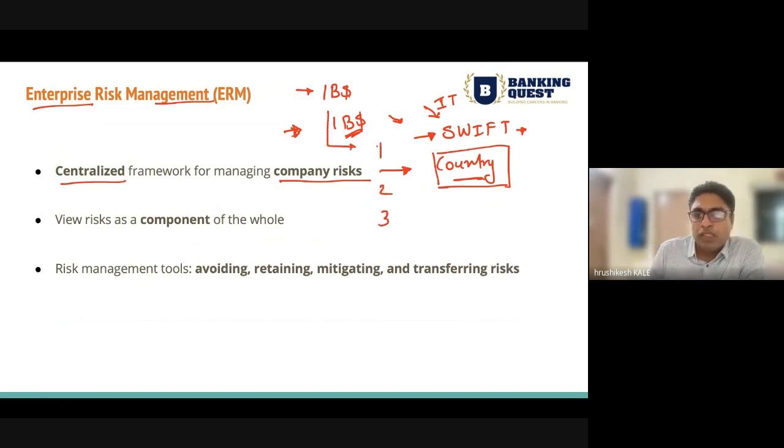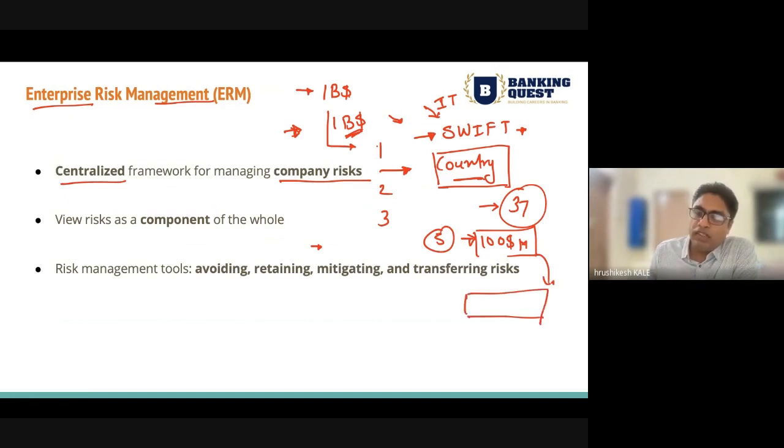So 37 orders were placed, out of which 5 orders were executed, of almost $100 million. And then due to one spelling mistake, the Fed stopped the transaction. And these 100 million were then routed to different casinos all over the world and converted into cash.